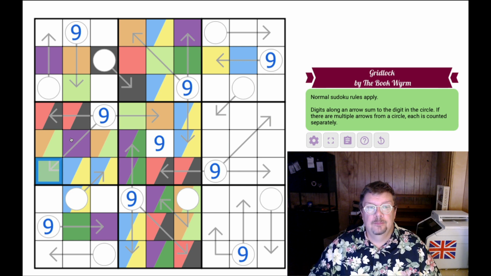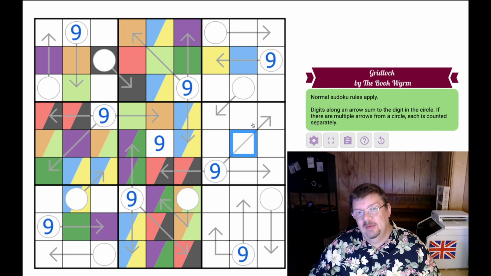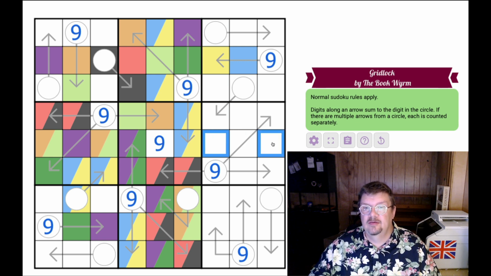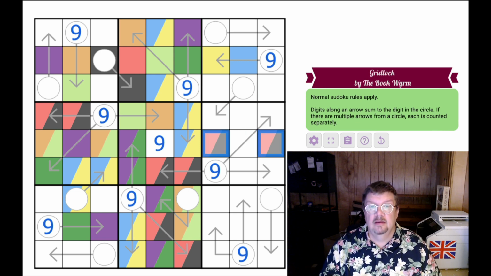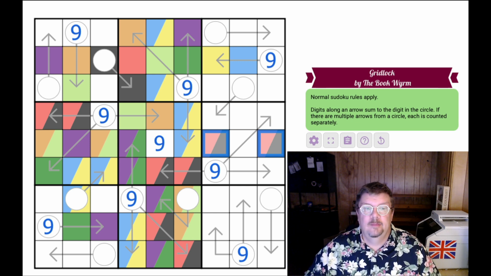Okay. That puts both black and red in one of these 3 cells, or in 2 of those 3 cells. But it can't be in that one because that would force that to be black and red. So that is a black-red pair. Don't know the order yet. I'm hoping we can get to a point where we resolve these. I'm sure we will.